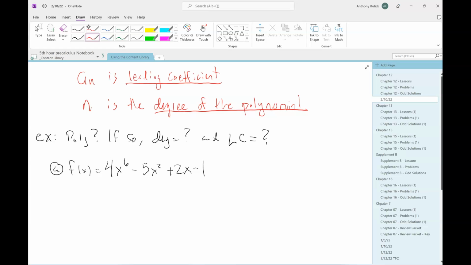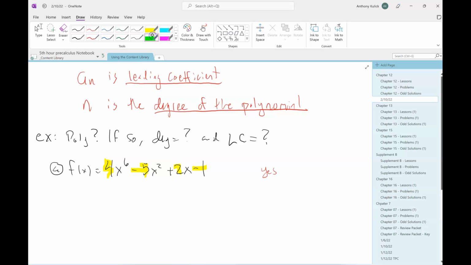So our first one, 4x to the 6th minus 5x squared plus 2x minus 1. What do we think here? Yes should be the answer there. I see some people shaking their heads yes. So the two things you need to check is if you look at the coefficients, are all of those real numbers?